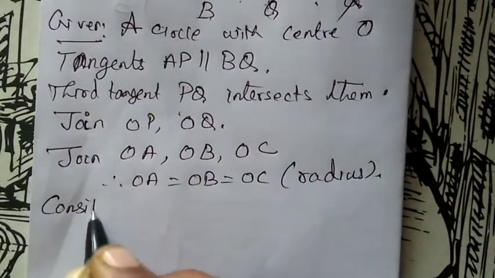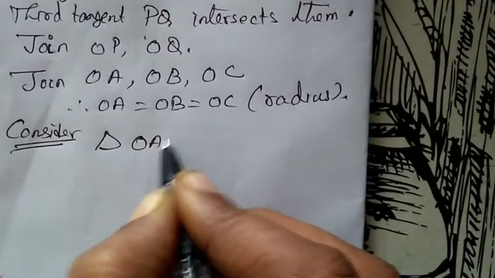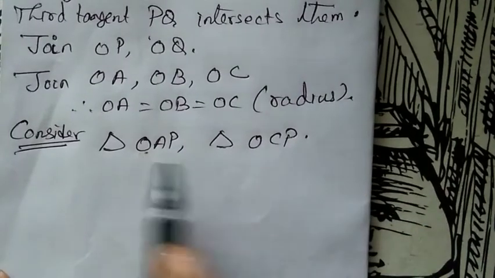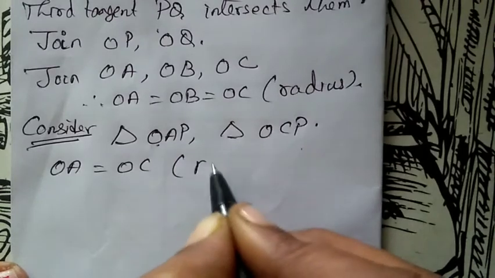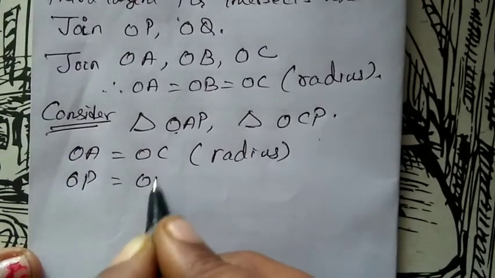Consider triangle OAP and triangle OCP. In these triangles, OA equal to OC, radius, and OP is common.